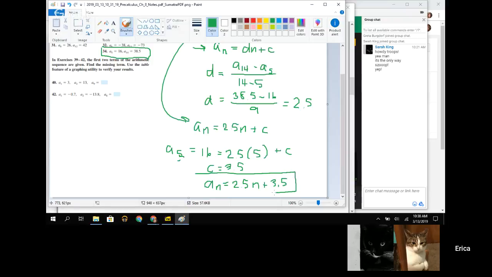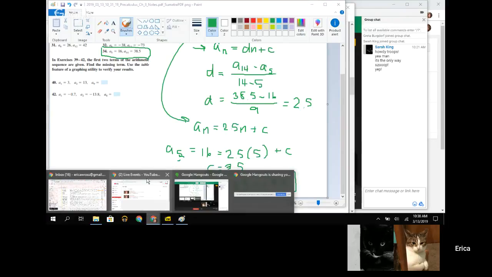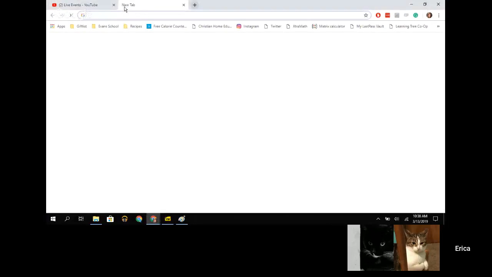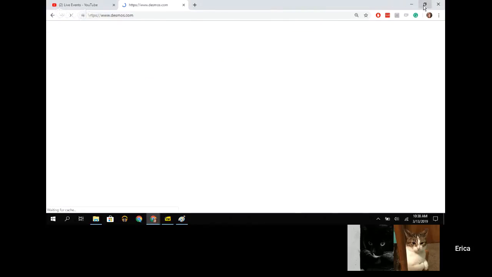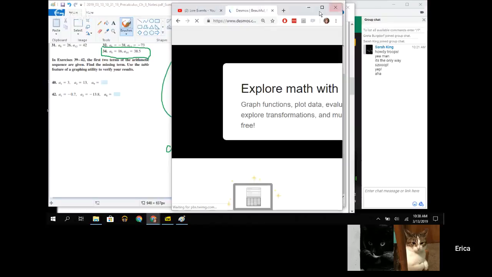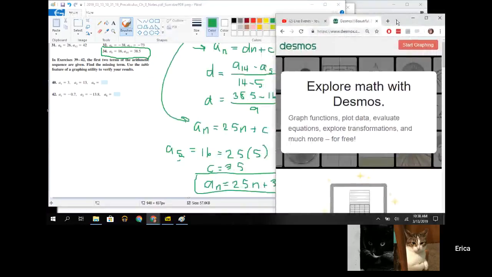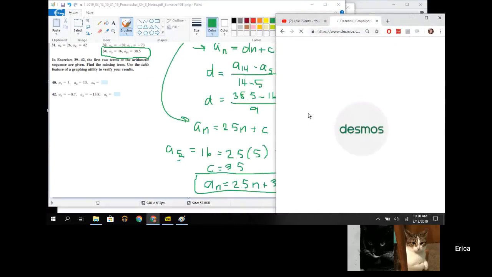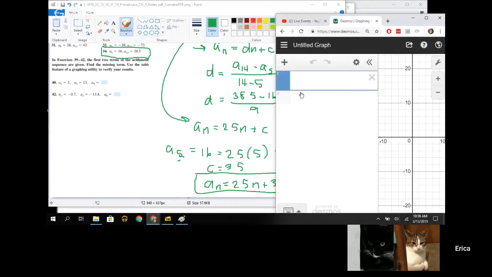All right. So now I actually have to find the first 5 terms of the sequence. I can do that using Desmos. Good old Desmos. So my equation was, and I don't think Desmos lets you make it fancy like this, a sub n.